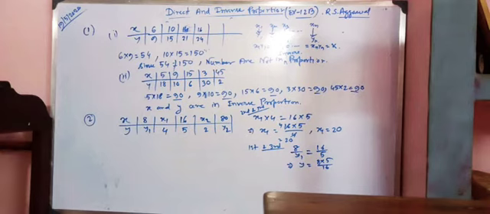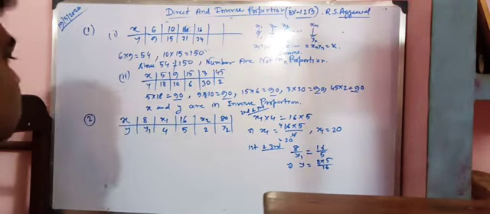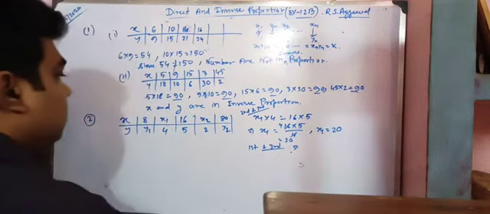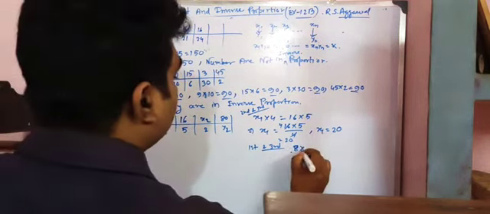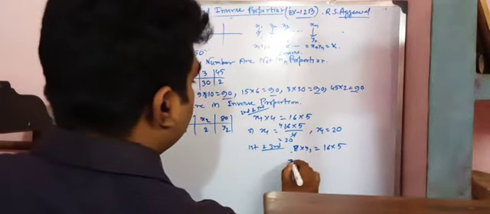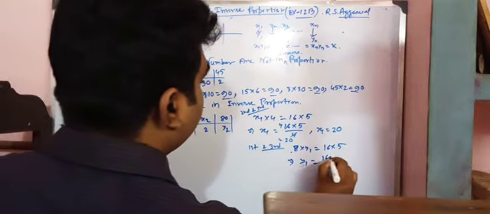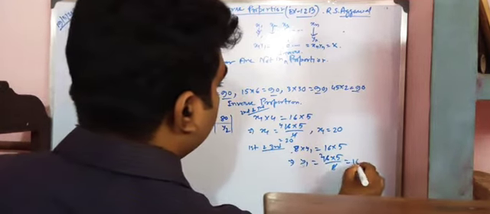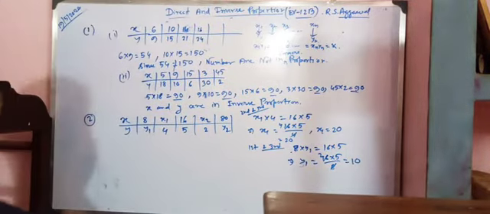Hope you understand. Sorry. The multiplication 8 into y1 is equal to 16 into 5. That means y1 is equal to 16 into 5 by 8, which is 10. So the value of y1 is equal to 10.